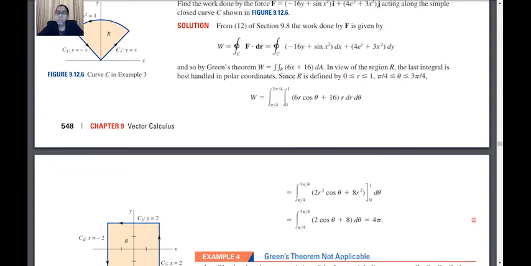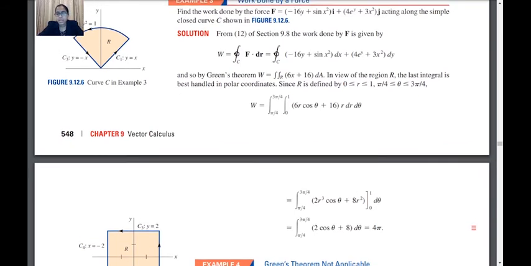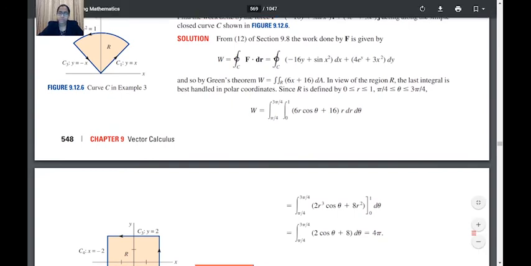That will be (2 cos theta plus 8) d theta. So the integral of 2 cos theta plus 8 d theta will become 2 sin theta plus 8 theta, varying from pi by 4 to 3 pi by 4. By solving that, we can obtain the value to be 4 pi. So this is how we can easily find work done.